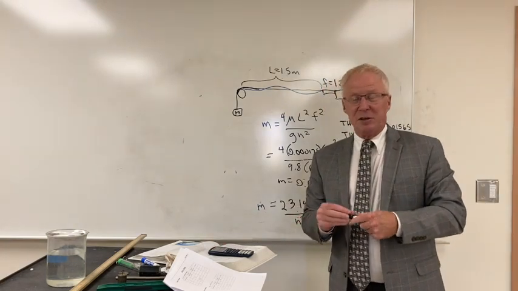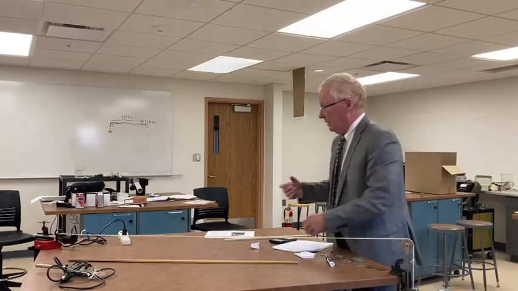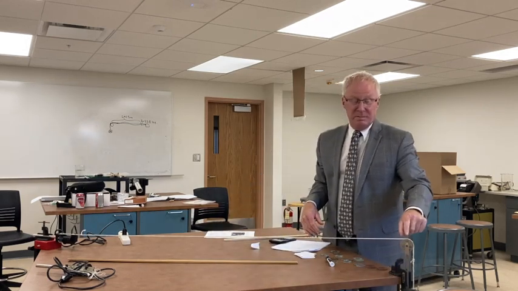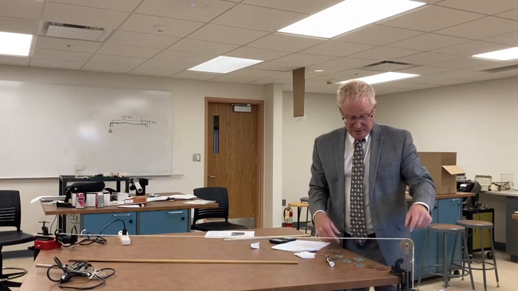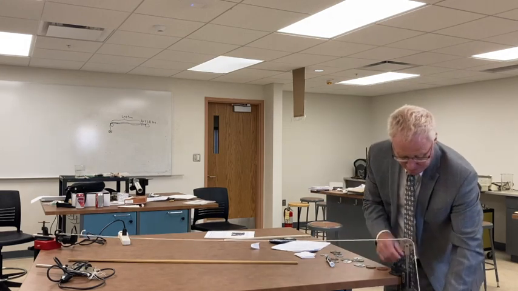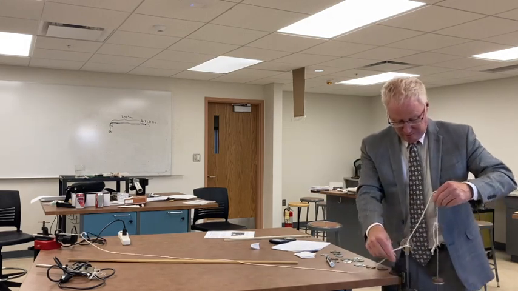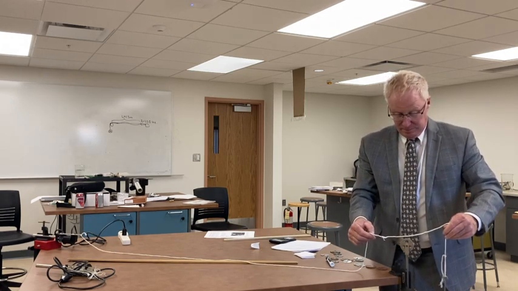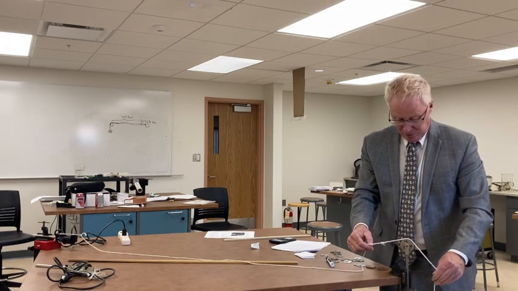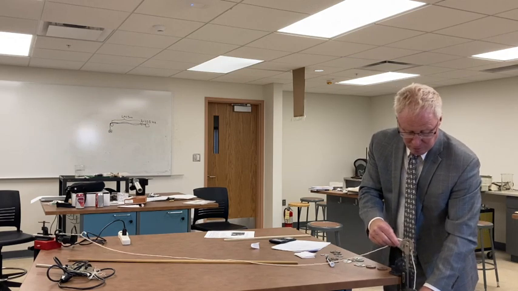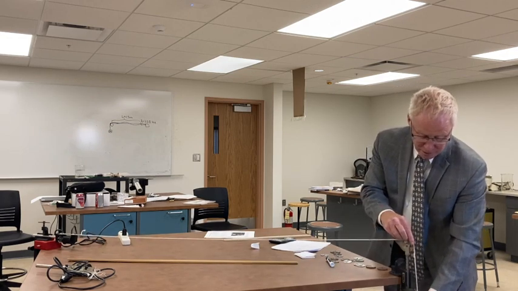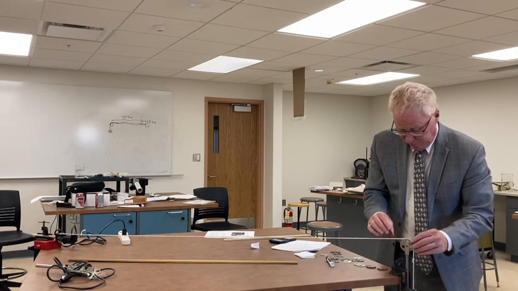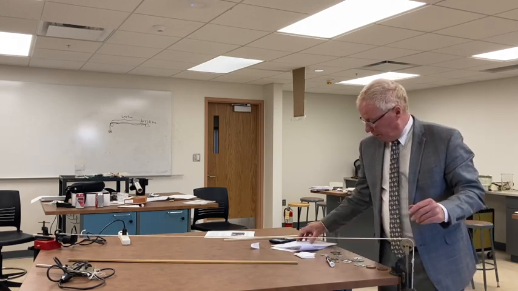We'll next measure. There's a vibrator. Here's our length of string of 1.5 meters. We have the mass hanging on the end. After you've done the calculations, so I know approximately what they are, if you've done them right, it should be reasonably close to what I'm going to measure.